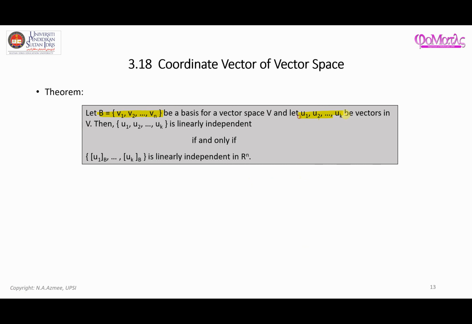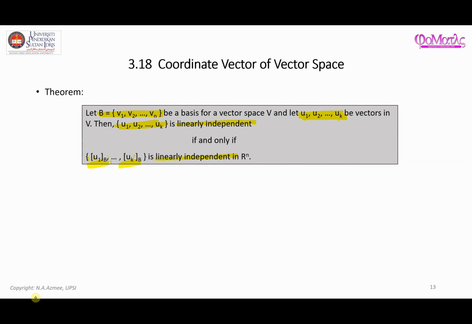So we have u1, u2 up to uk, and it says that u1, u2, up to uk is linearly independent if and only if the coordinate vectors of u1 up to uk are linearly independent. So that's the story.